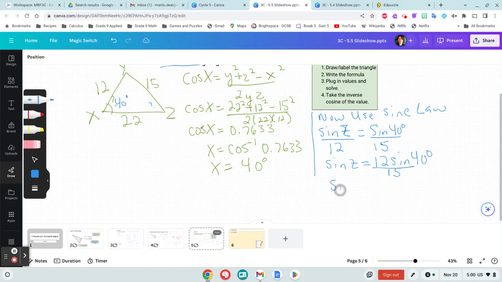So sine Z is going to be 0.5142. Then I need to do the inverse. So Z is going to be 31 degrees.